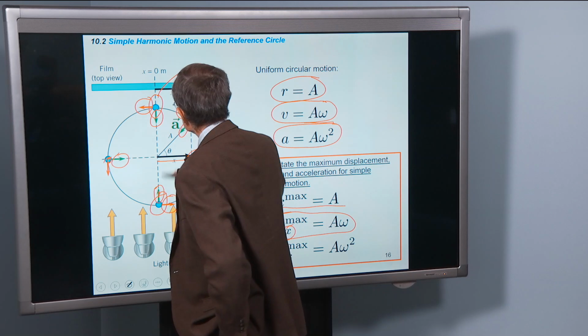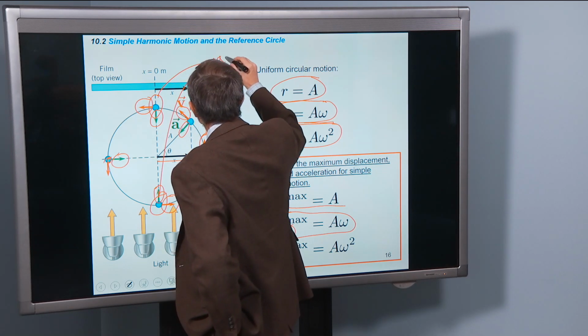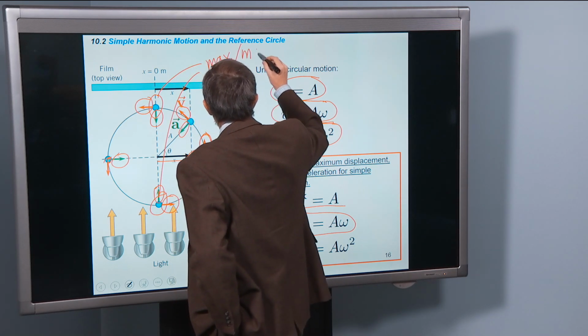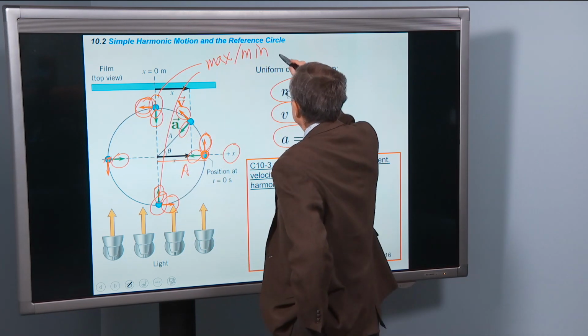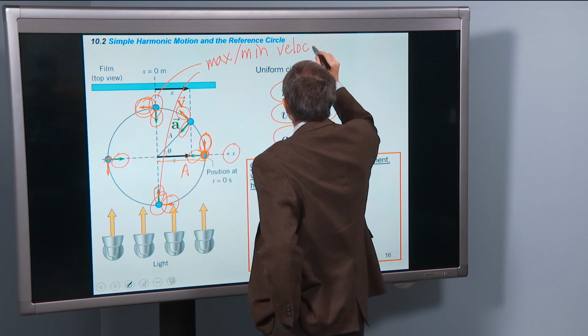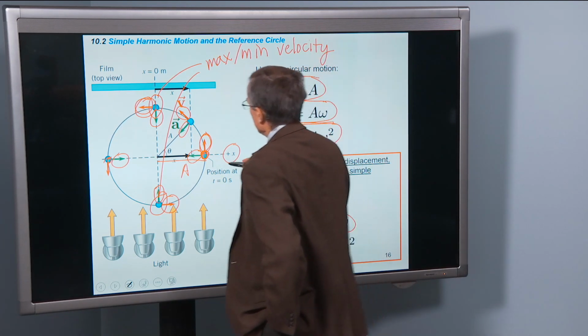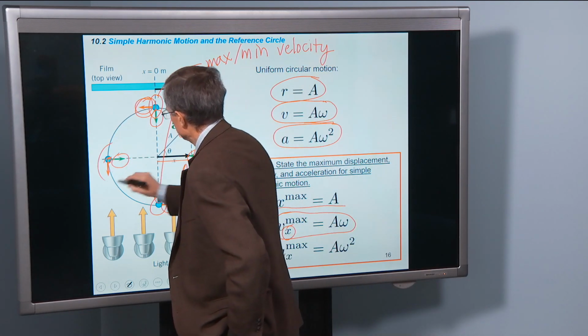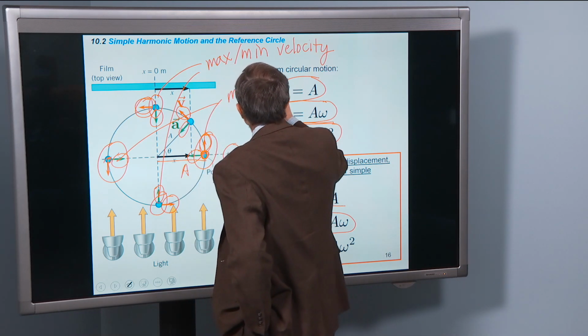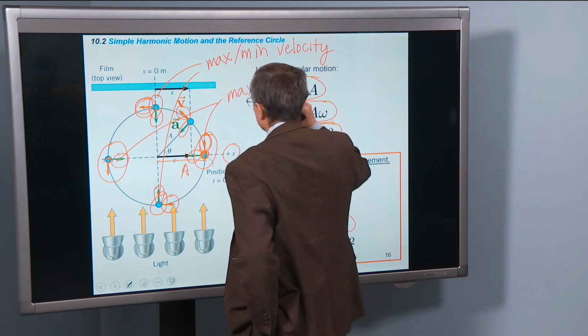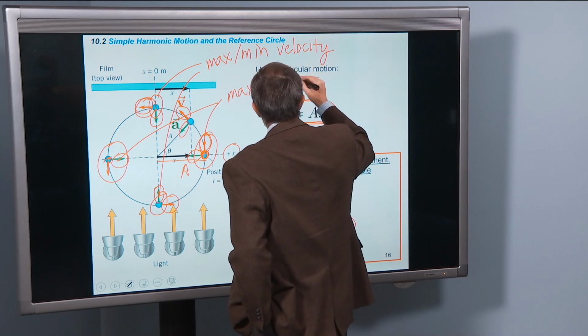So we get maximum velocity, or max min velocity. In this case, the velocity is negative. These 2 points, we get the max and the min displacement.